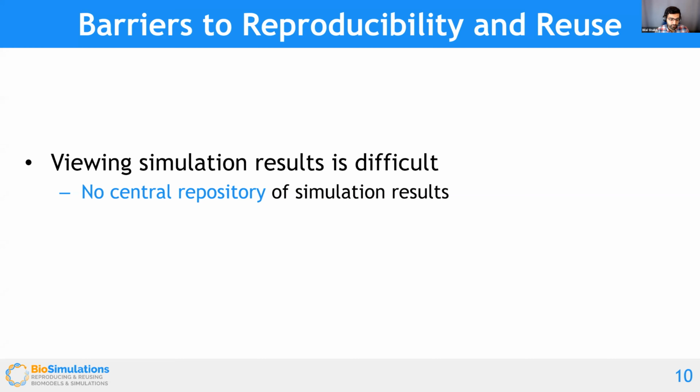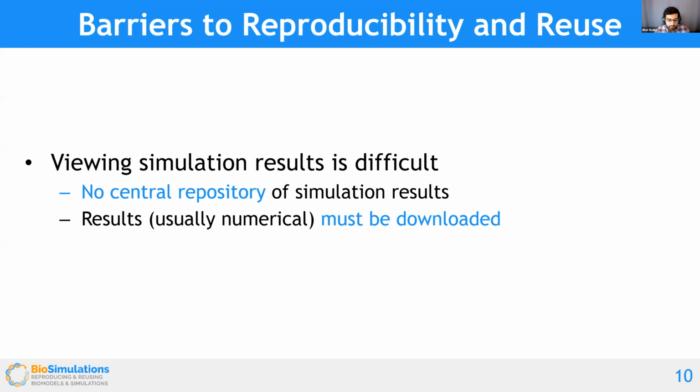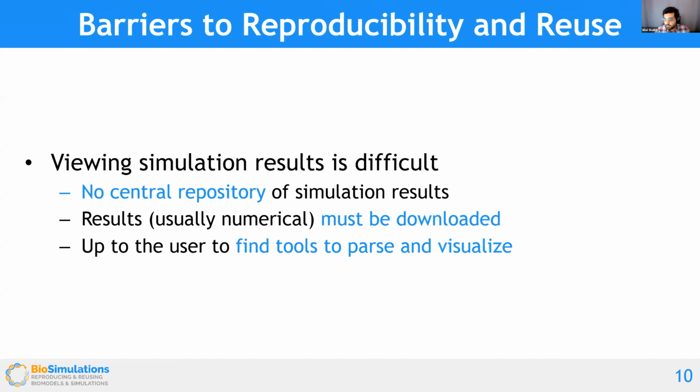So once you've downloaded a model, if you want to see what the results of that simulation are, you essentially need to run it yourself instead of being able to view the results the same way that you can view a model. Same thing once this is actually done, you end up downloading a large amount of numerical data rather than anything more easily parsable. And it's really up to the user to figure out how to look at this data, parse it, visualize it, and analyze it.